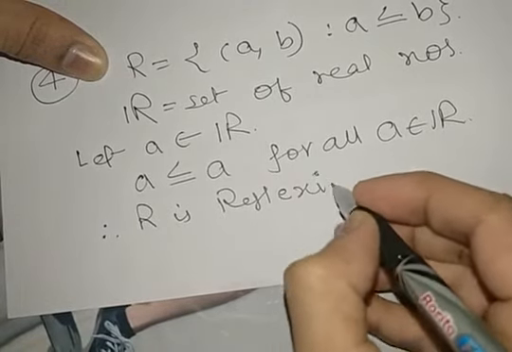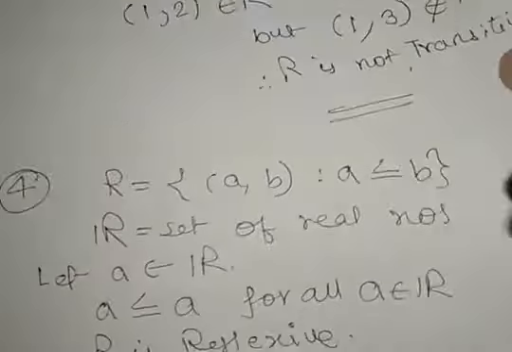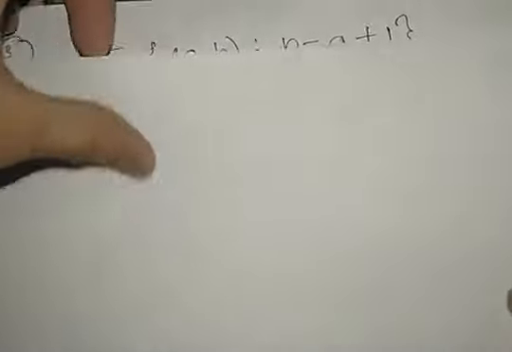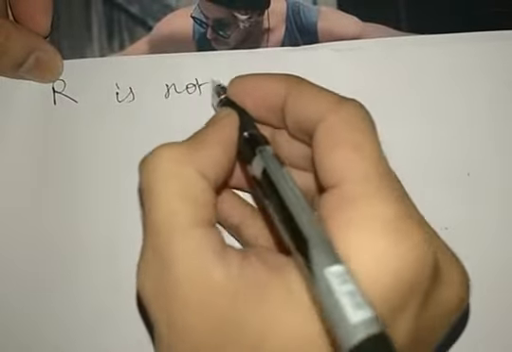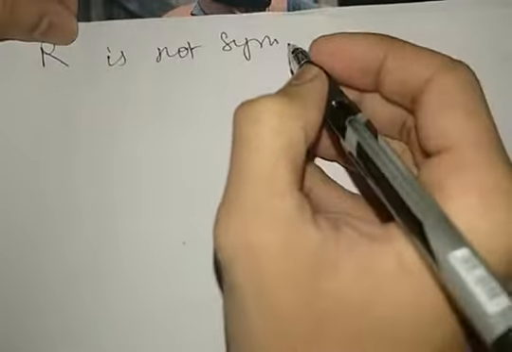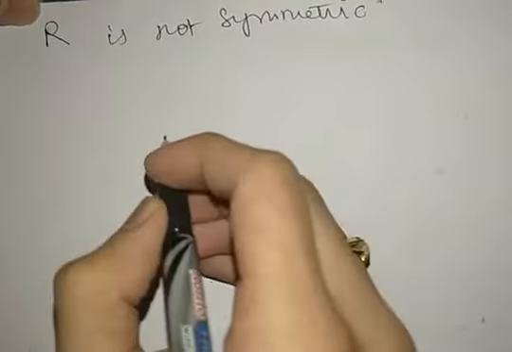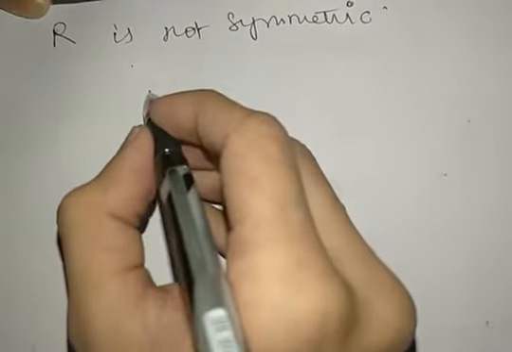Then we will go to proving that R is not symmetric. So you have to take an example here to show that R is not symmetric.